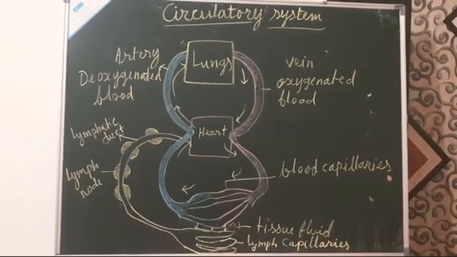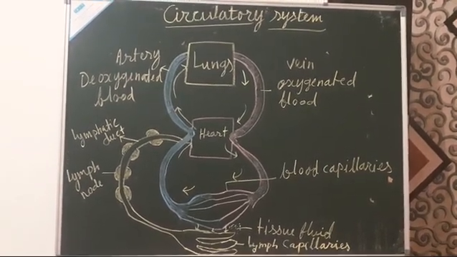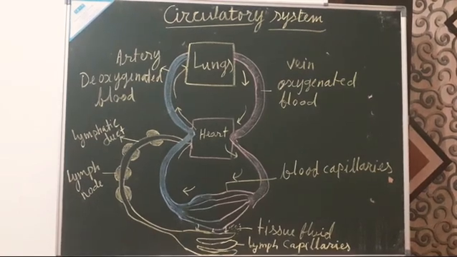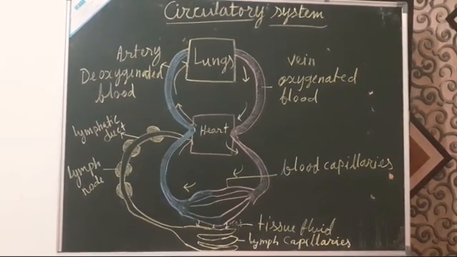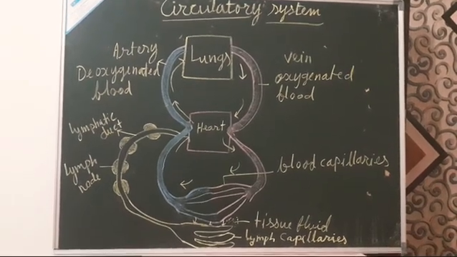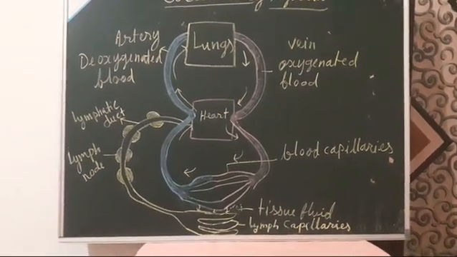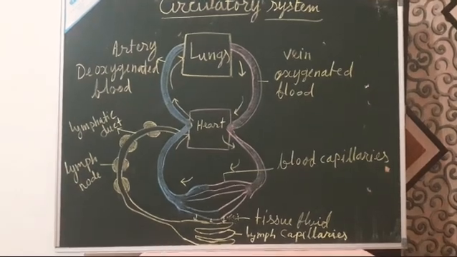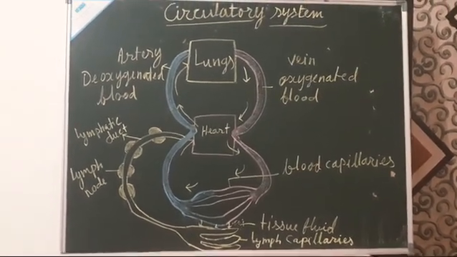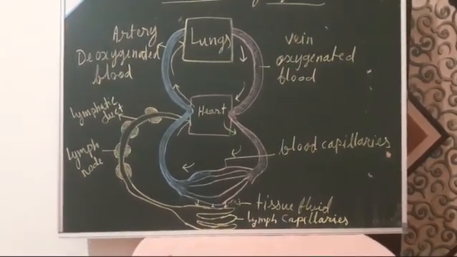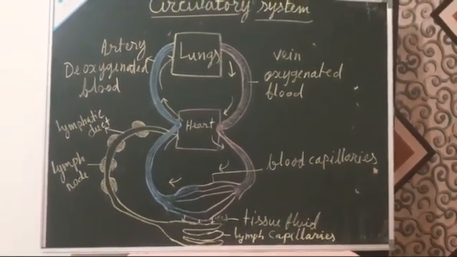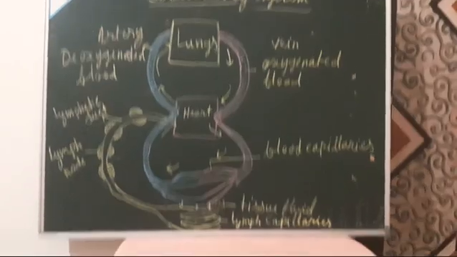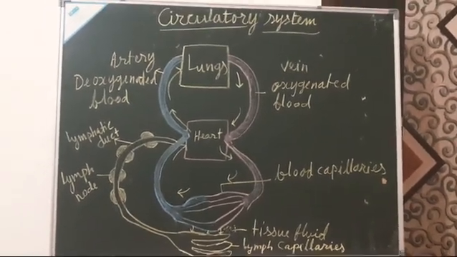Transport of digested food from the alimentary canal to the tissues. These substances are simple sugars like glucose, amino acids, vitamins, minerals, salts, etc. They reach every cell through the blood. Transport of oxygen.